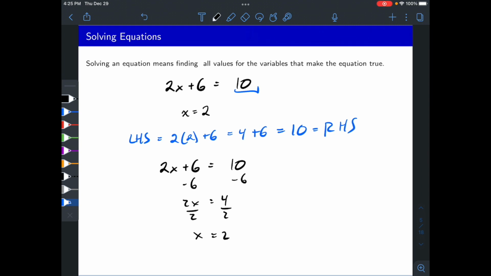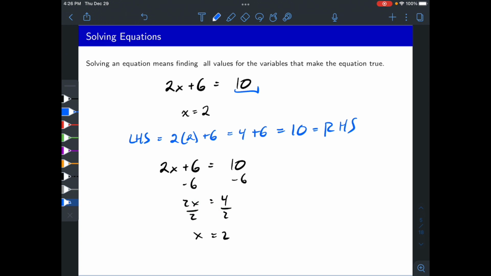What we're really doing here is we're manipulating this equation. We're changing this equation into a new equation whose solutions are the same solutions as the previous equation. Like the solutions to the equation 2x equals 4 are the same solutions as the equation 2x plus 6 equals 10. If x makes this equation true, then x is going to make this equation true, right?